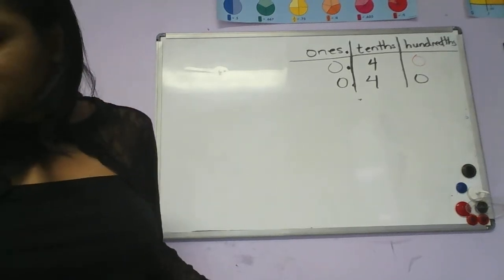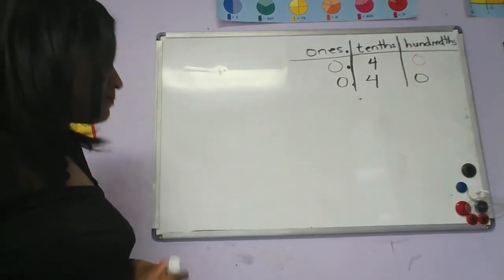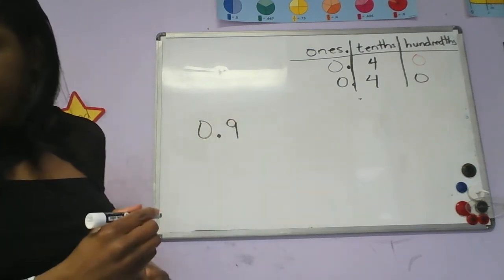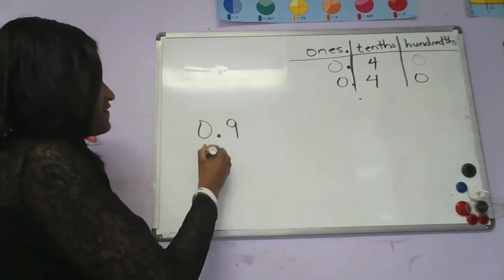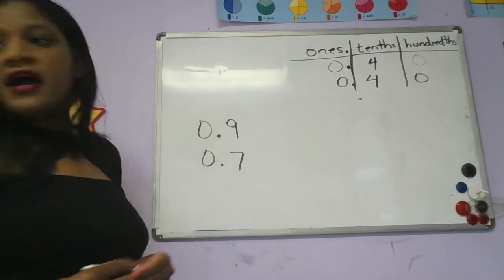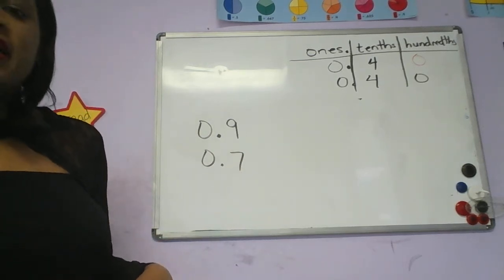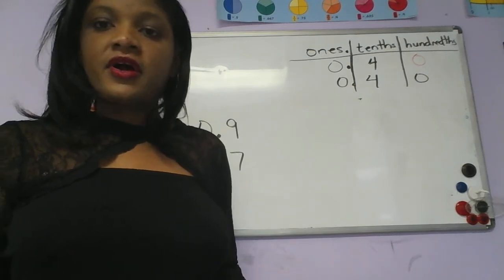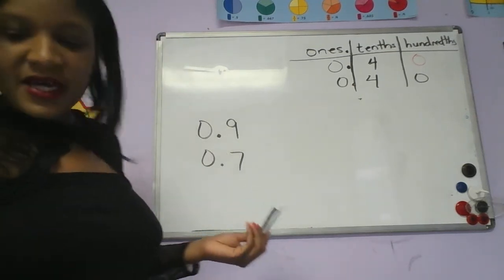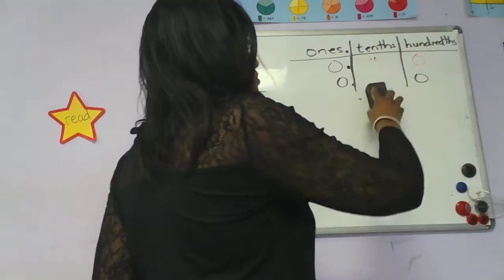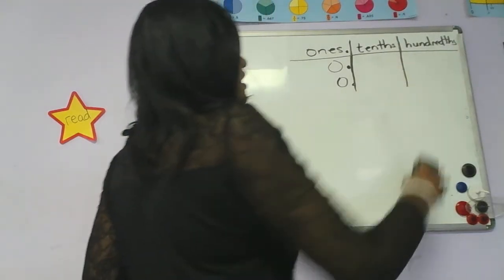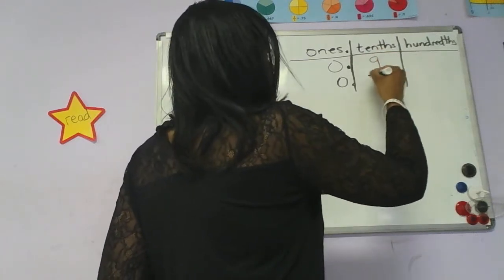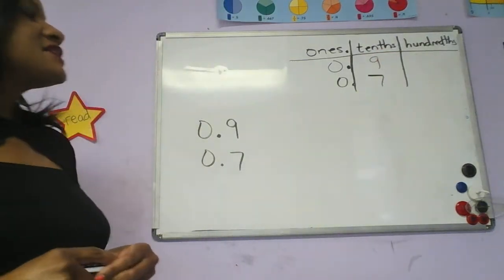All right, so let's try another one. If we need to compare 9/10 and 7/10, you can pause the video and try it on your own and see if you get the right answer. Again, something like this one is actually pretty simple to compare. 9/10 and 7/10.